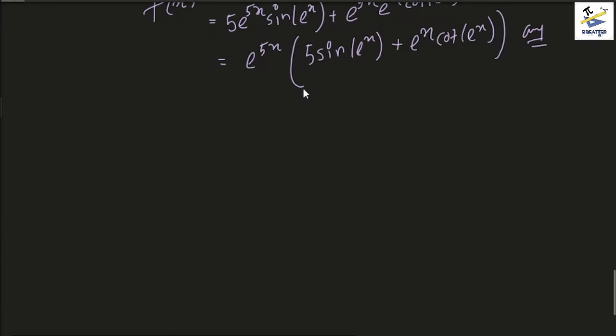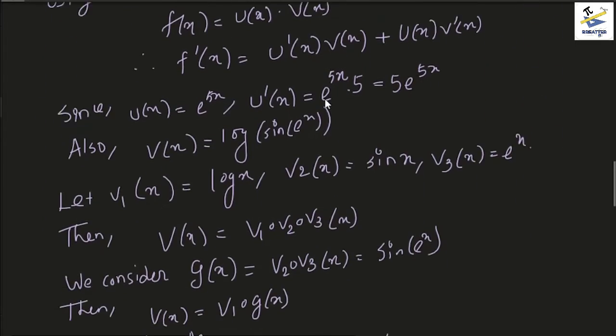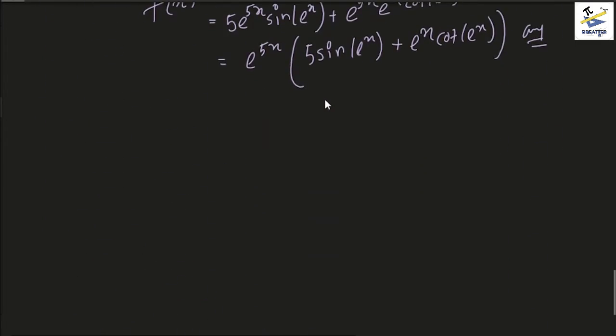Okay, number 4. So number 4 was root x sine of root x. F of x equals root x into sine of root x.